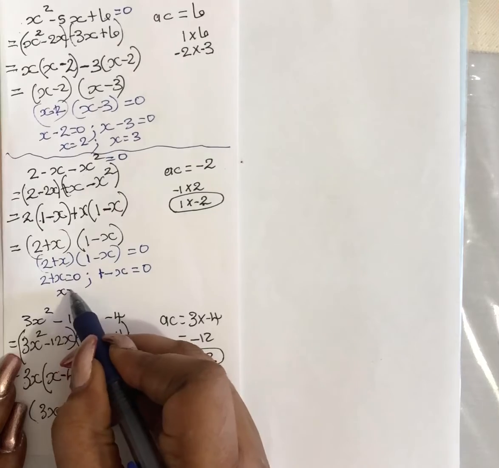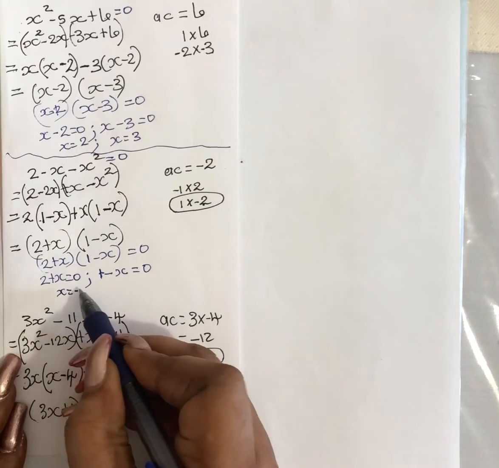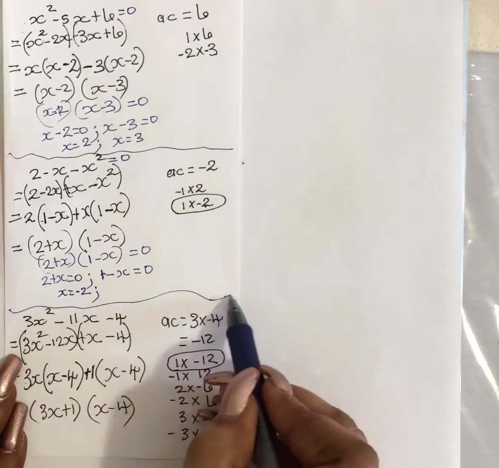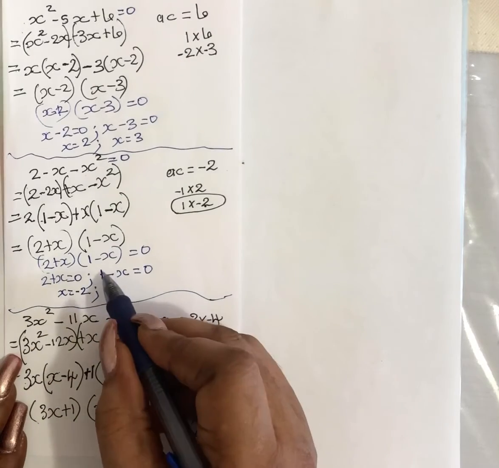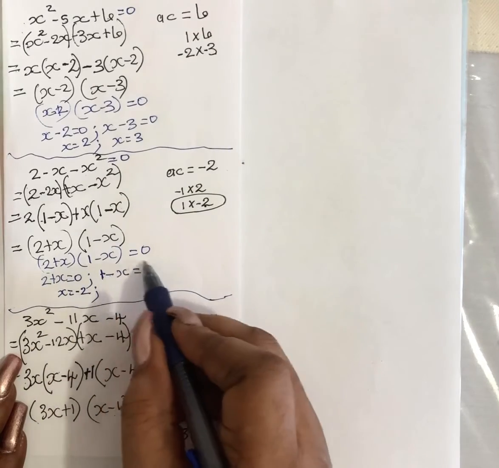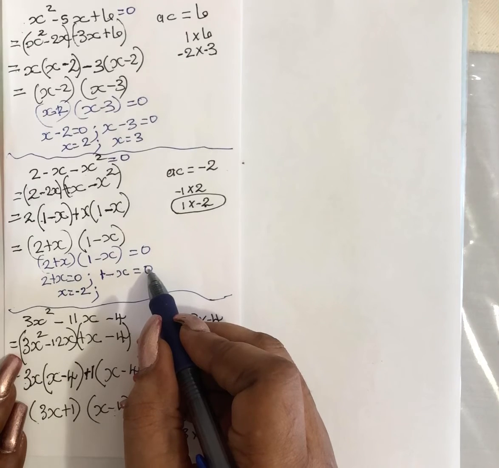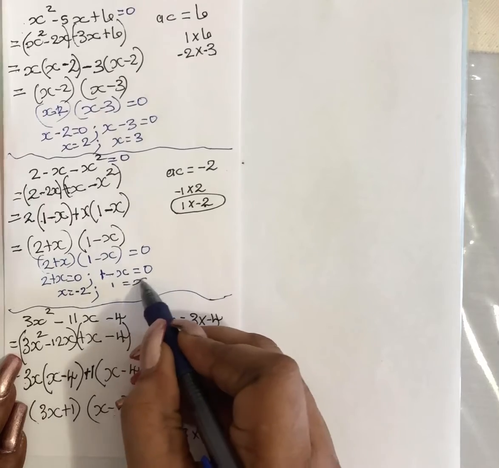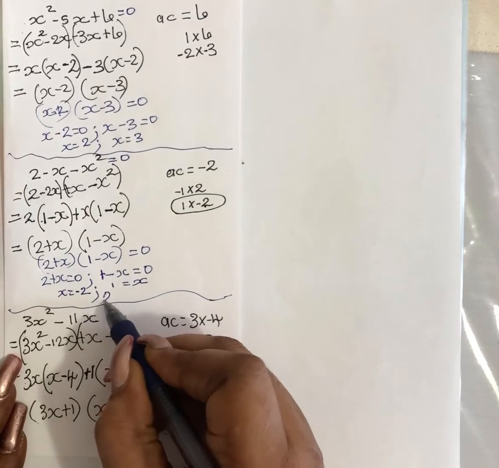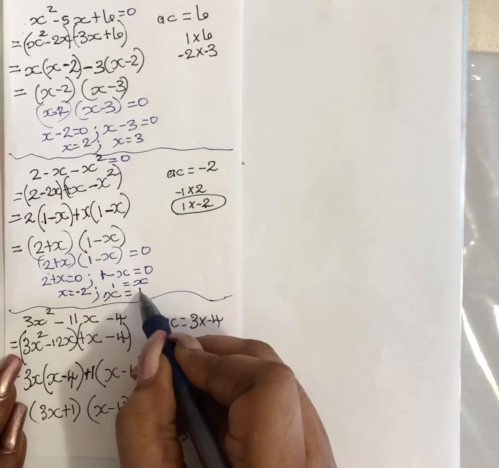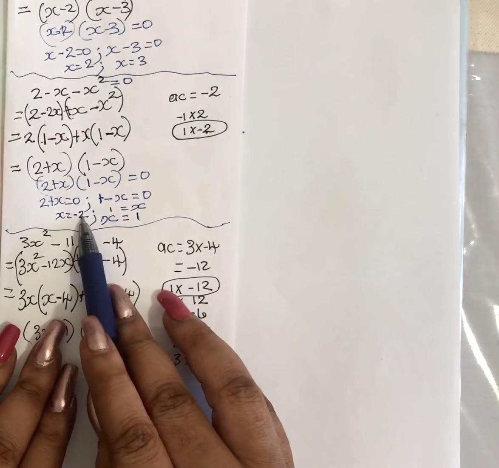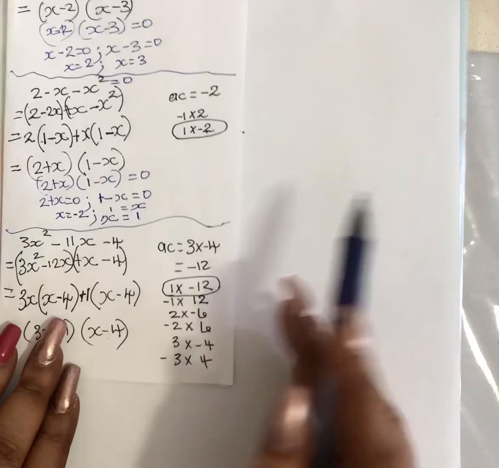So I keep x and I carry across the positive 2, so it becomes a negative 2. I do the same, I keep the 1 and I take across the x because I need x to be a positive. So 1 will be equal to x, which is the same as x equal to 1. So in this case, x is negative 2 or x is 1.